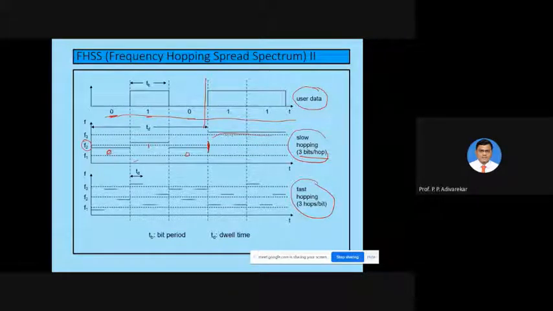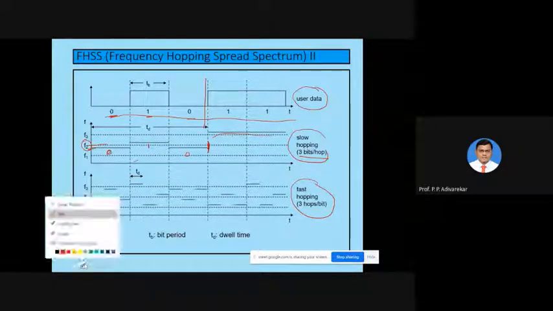Now, how will we distinguish between 0 and 1? Data bit 0 stays on a frequency slightly lower than F2. F2 is the dotted line shown here. I'll draw with the other pen.